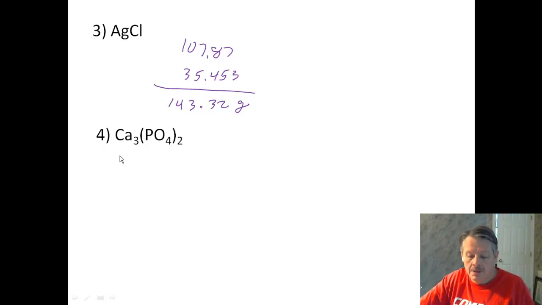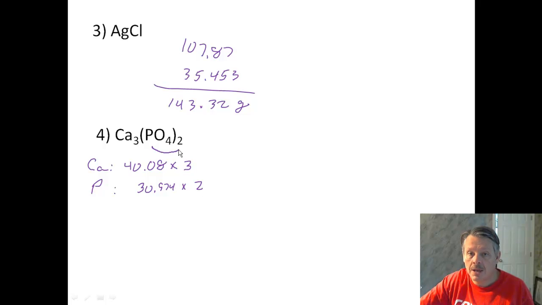Alright, let's look at this one. You can do this 2 different ways. I'm going to write it up both ways and you choose which one you like better. Right. You have calcium, which is 40.08, and you're going to multiply that by 3 because I have 3 calciums. I'm going to take phosphorus. Phosphorus is 30.974, and I'm going to multiply that by 2 because I have 2 phosphoruses.